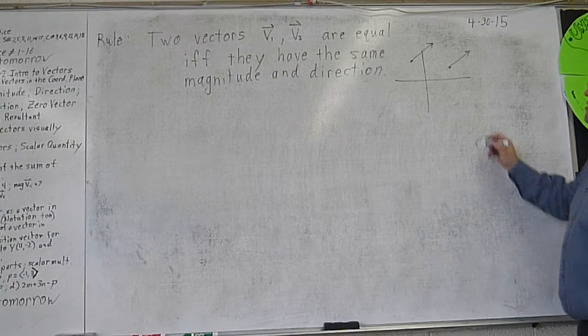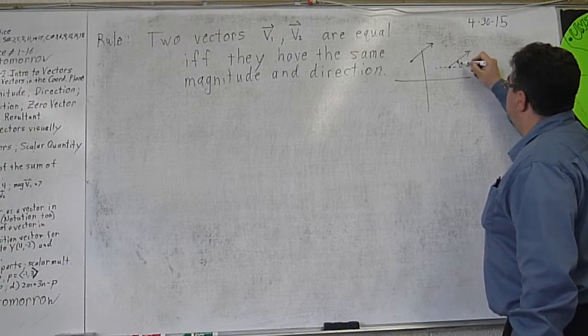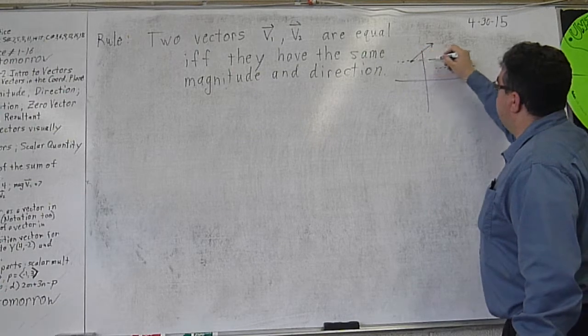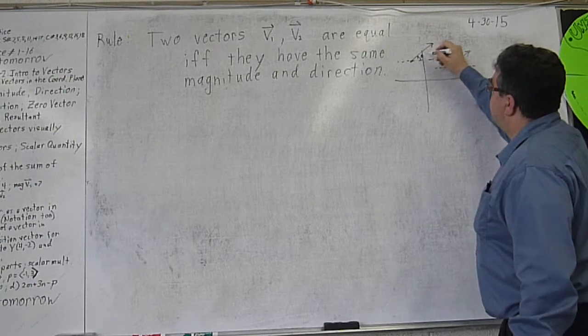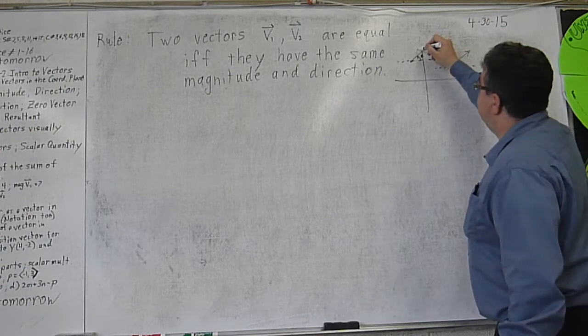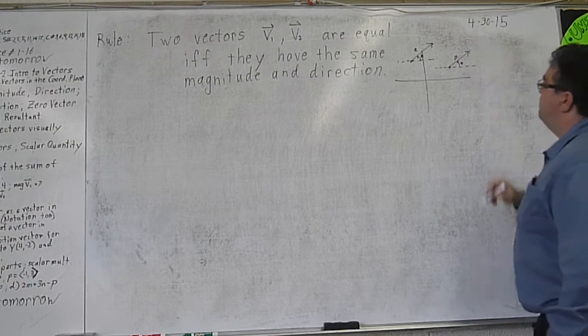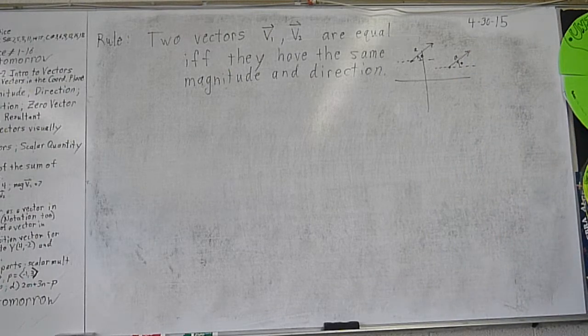Now here's what I'm going to tell you. The direction of this one is the same as the direction of this one. The magnitude of this one, call this distance A, is the same as the magnitude of this one.